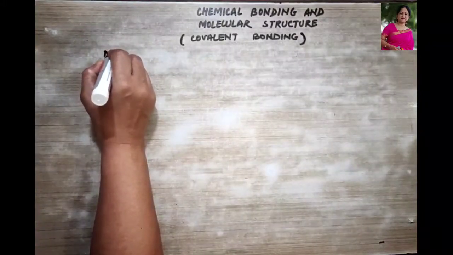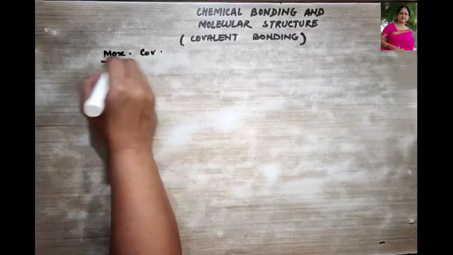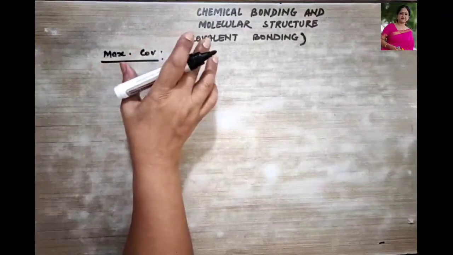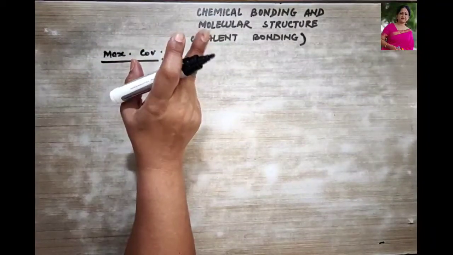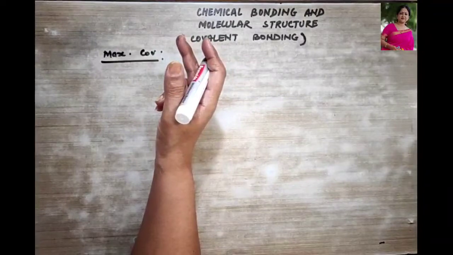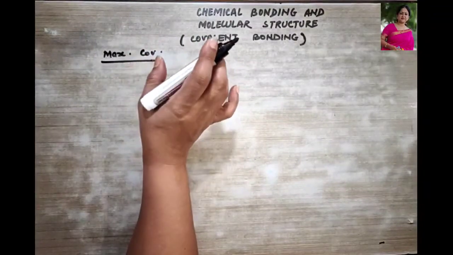Now let's talk about what we mean by maximum covalency, right? The maximum number of covalent bonds that one atom of an element can form is referred to as the maximum covalency of that element.